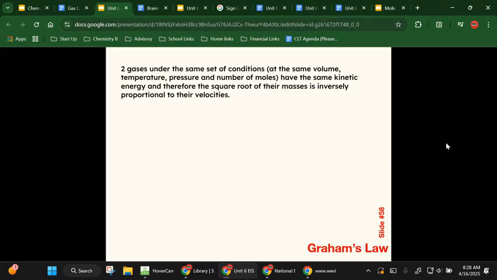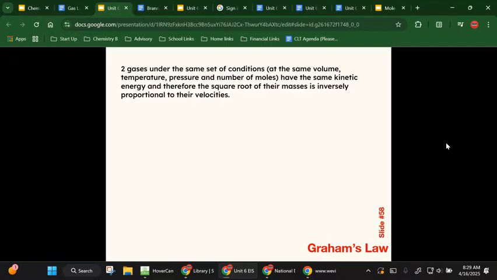I will not make you memorize whose law this is. The only four that I expect you to know: Boyle's, Charles's, Gay-Lussac's, Avogadro's. Those are the four that I expect you to know whose law is who. This law is called Graham's law. Don't expect you to memorize that.